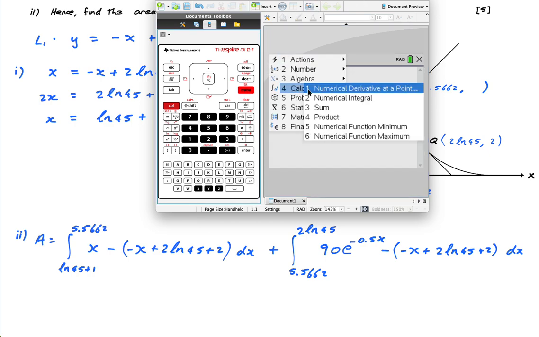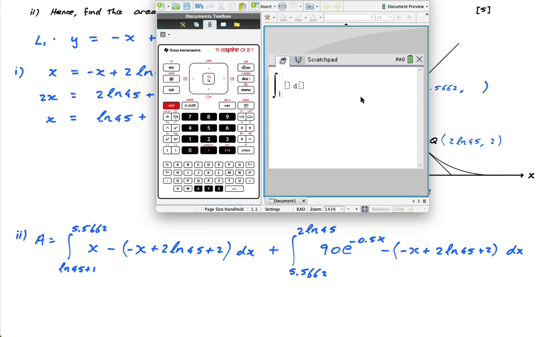So I have menu, calculus, numerical, integral. The lower limit here is ln of 45 plus 1. If you want to make that a decimal, that's absolutely fine. The upper limit is 5.5662. And then here I do x minus, brackets, minus x plus 2 ln 45 plus 2, close bracket, dx.